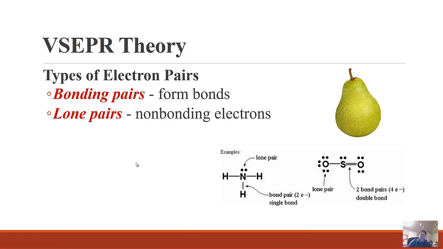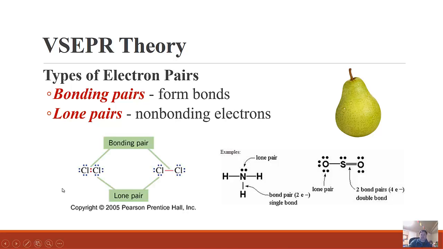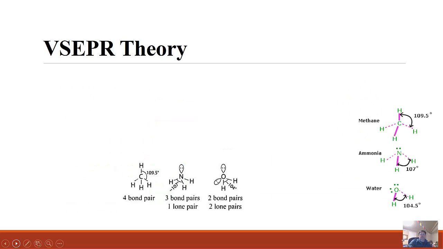Those are represented in our Lewis structures by the dots here. So we have bonding pairs that form a bond, and then the lone pairs are the electrons we find on the outside. Here's another one. Here's chlorine. They're sharing this one, so we get a bonded pair here, and the electrons on the outside are our lone pairs. So we've got to keep those two in mind as we go through this.